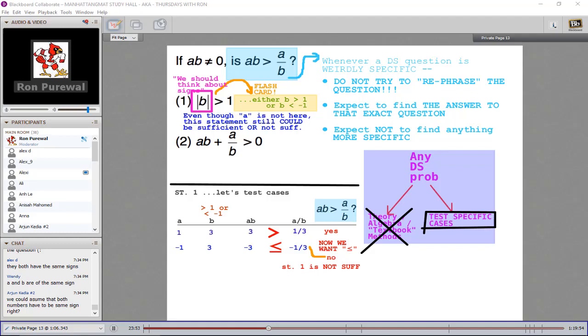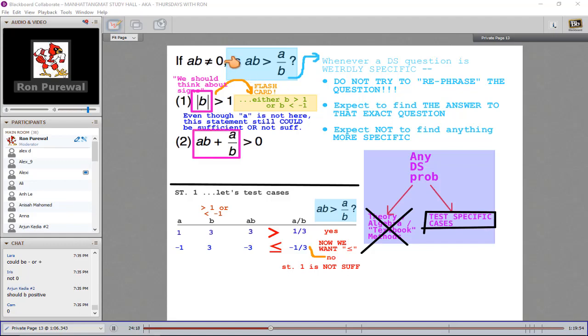But what do we know about the product of A and B? When is it positive? We know that it can't be 0 because they told us it's not.